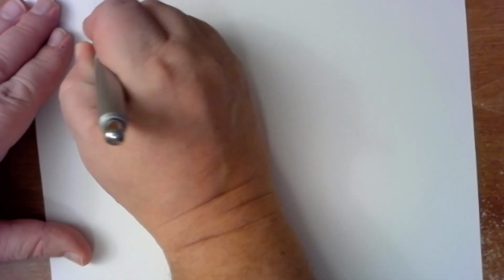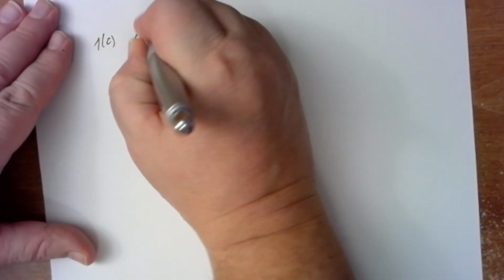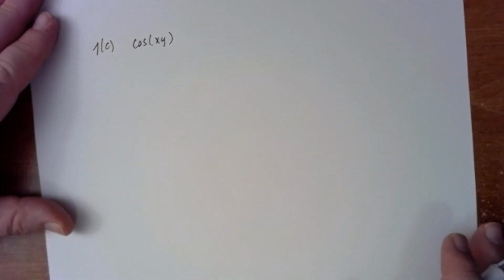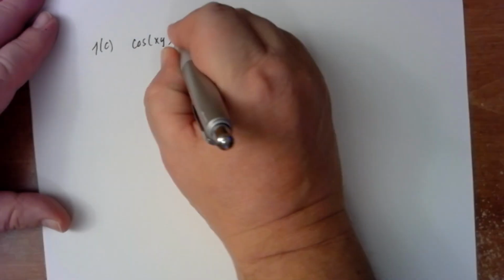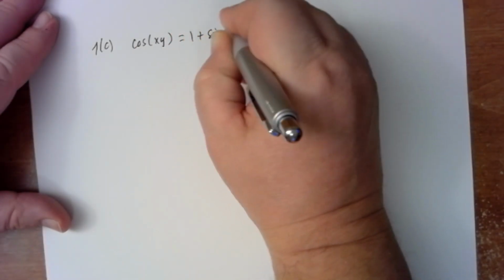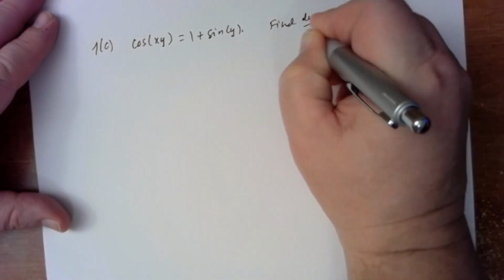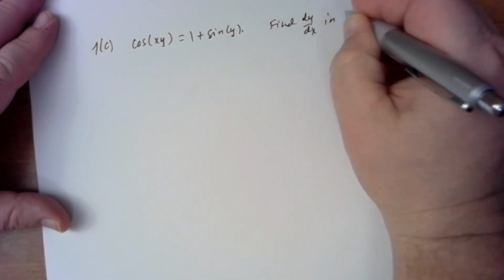That's cosine of x times y, equal to 1 plus sine of y. And we want to again find dy over dx in terms of x and y.